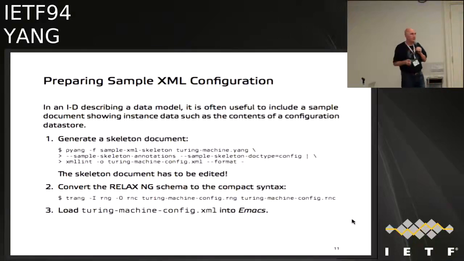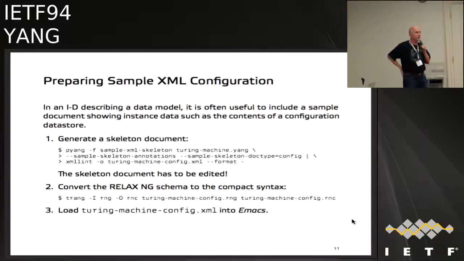But in order to save some typing, we can also use another Pyang plugin, called Sample XML Skeleton, for producing a skeleton instance document, which takes the data model and puts an instance of every node that's found in that data model into the XML document.